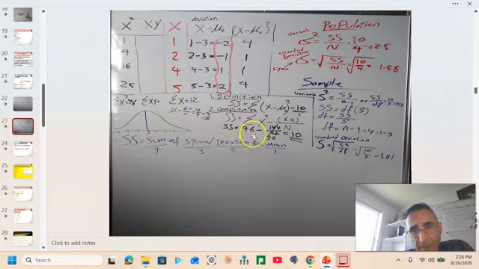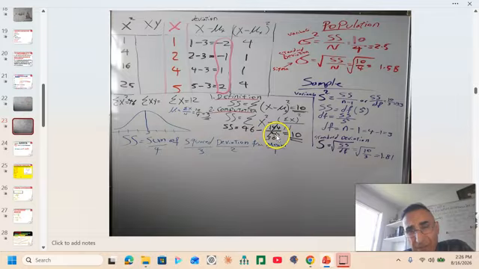So the formula is the sum of X squared, which is 46, minus the square of the sum of X. X is 1, 2, 4, 5. You add them up, it is 12.